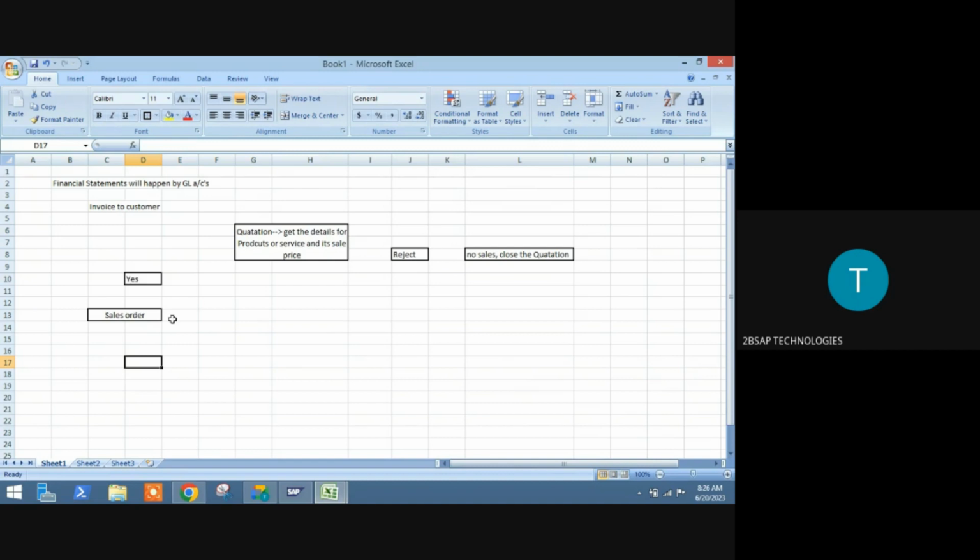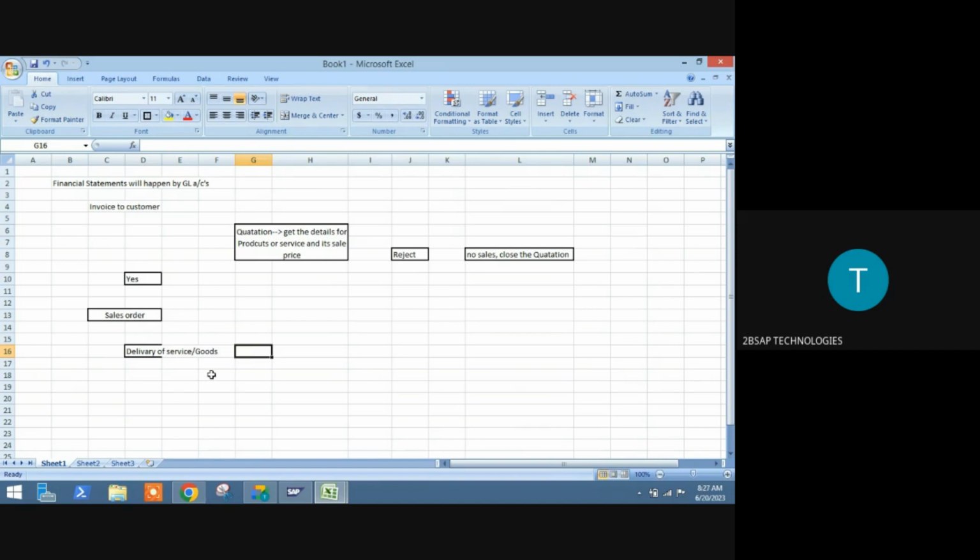So once you are done with the sales order, next, based on the sales order, what are you going to do? You are going to do delivery, either the respective services or the respective goods delivery.